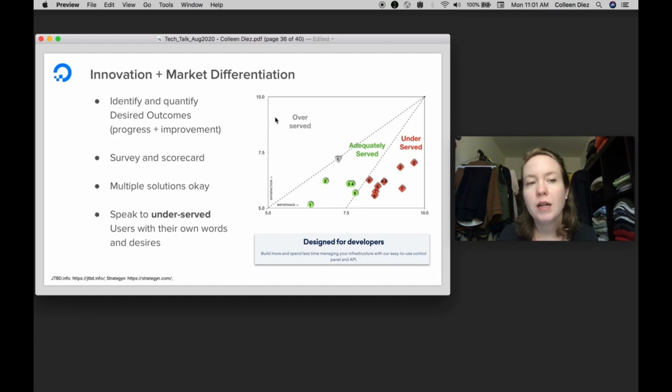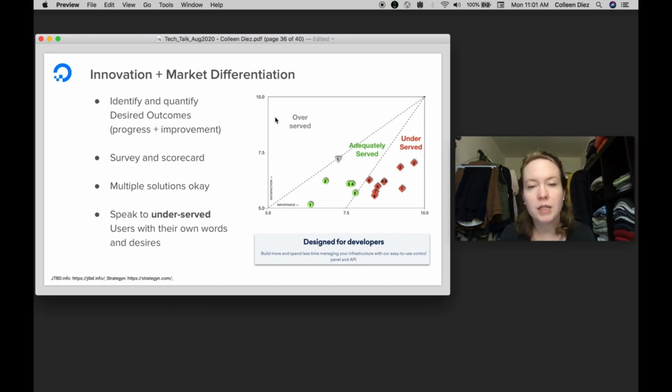So if you can, in your qualitative jobs to be done interviews, identify those desired outcomes, essentially how are customers measuring the success of your solution? How does your solution help them see progress or improvement in their lives? You can take those desired outcomes and quantify them in a much larger survey. So you can understand how this affects not just a small set of your customers, but a larger set of your customer base.